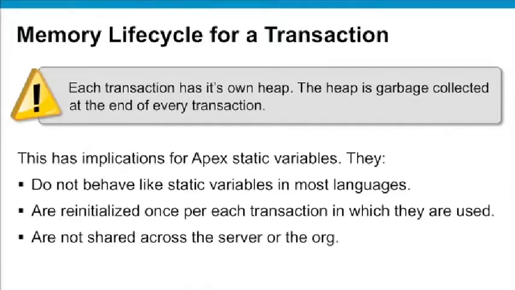There's now a single copy of that variable within the VM that multiple requests would be able to access. It doesn't work that way within Apex. If you create a static variable, its life cycle is limited to the transaction. So there's not this concept of this universal static variable out there in memory which multiple transactions can access. Every time that transaction kicks off, we're going to reinitialize whatever that static variable is.